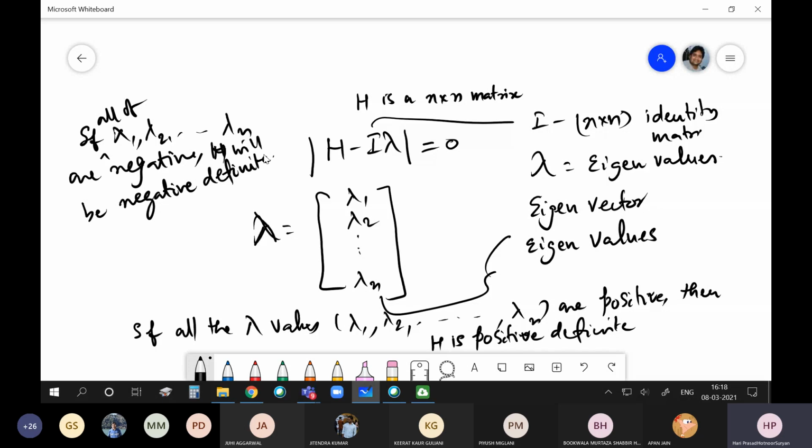So if H is positive definite, what will we get at the stationary point, minima or maxima? You will get minima, a local minima.